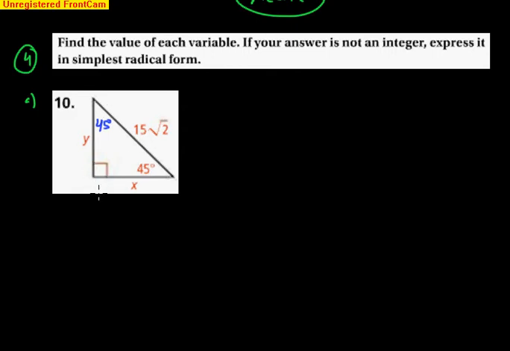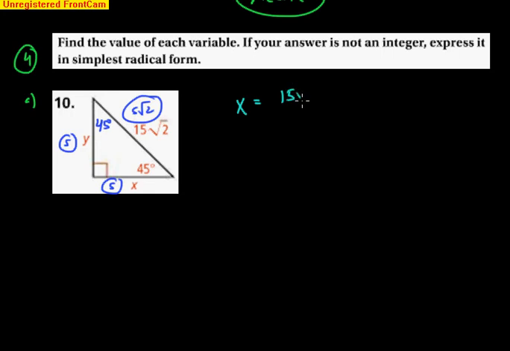And in a 45, 45, 90 triangle, there's special relationships. The two legs are s, and the hypotenuse is s radical 2. So in this problem, they give you the hypotenuse of s radical 2. It's 15 radical 2. You need to find x, which is just s. Well, x is the s radical 2 without the radical 2.